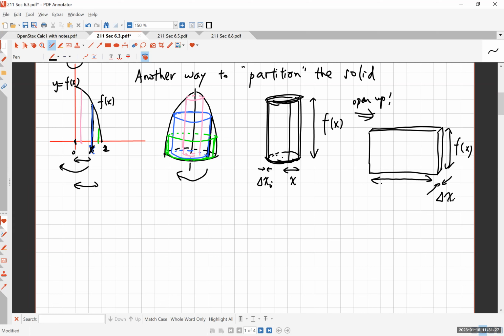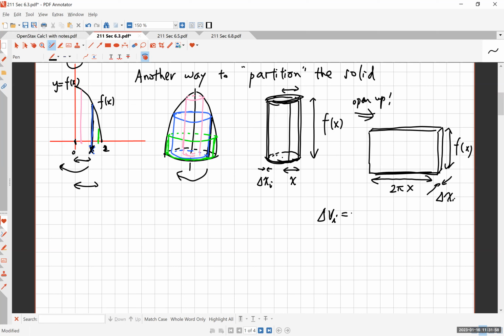Well, that's going to be, remember the radius is x, right? And this corresponds to the circumference of that circle. That's 2 pi x. All right, so for each volume, we can call this delta Vi, if you like. That's the volume of the ith shell, where i is the index for the partitioning and the subintervals.